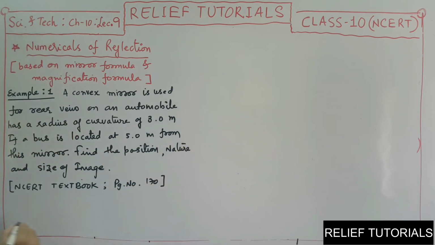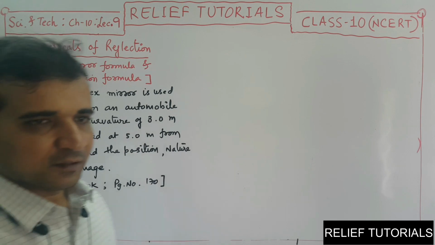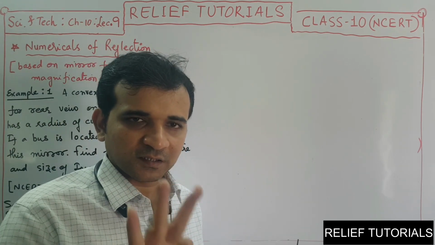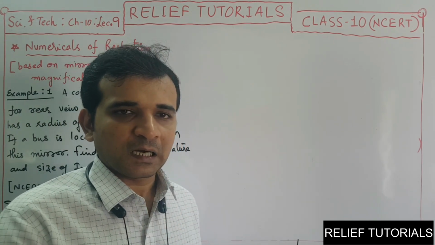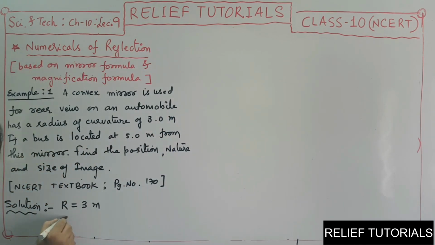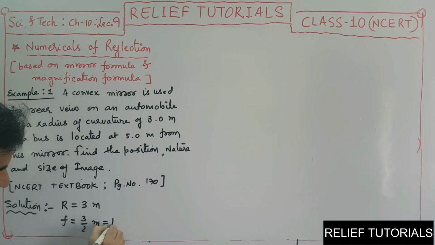If the radius of curvature is 3 meter, then the focal length would be half of that. So focal length f should be half of 3, that is 3 by 2 meter, or we can say it is 1.5 meter.